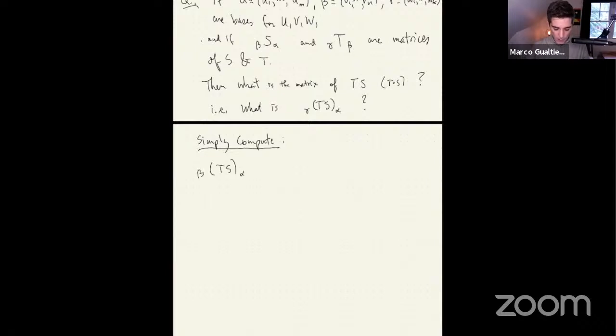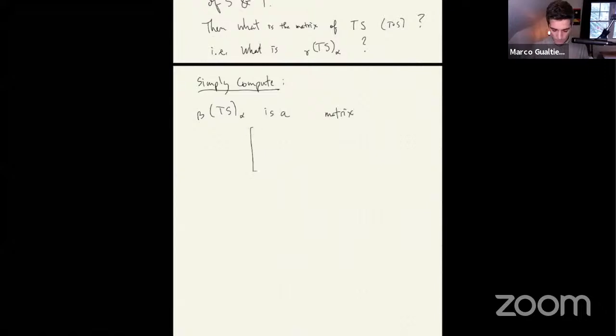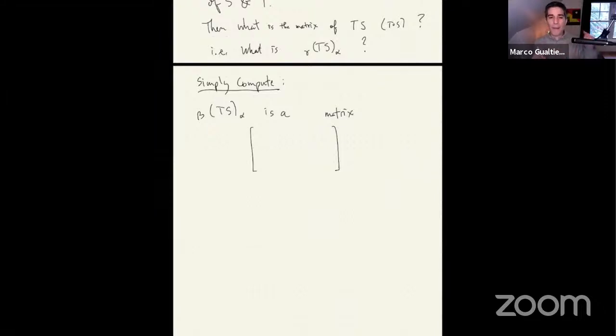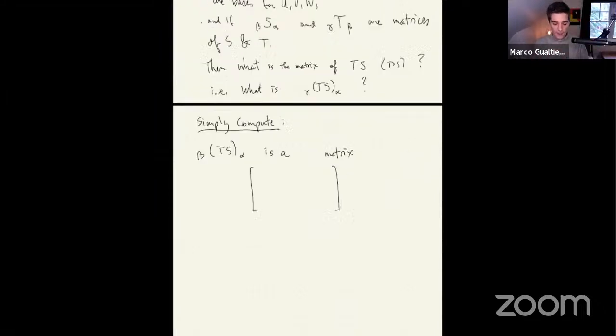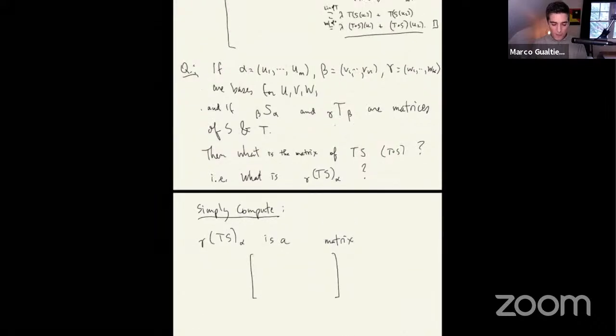This will be a matrix like this. And how many columns will it have? We have to apply it to the basis, sorry, it should be gamma. So we have to apply it to the basis alpha, right?